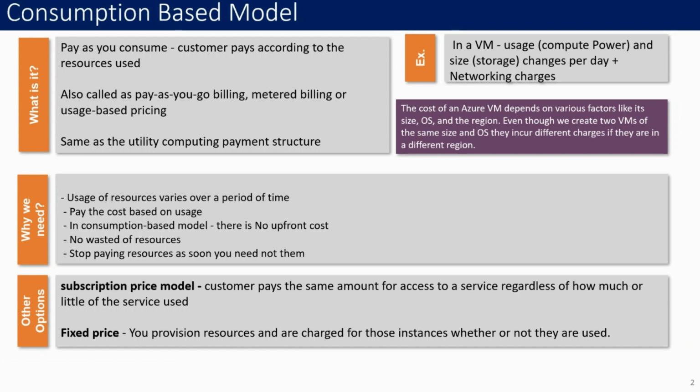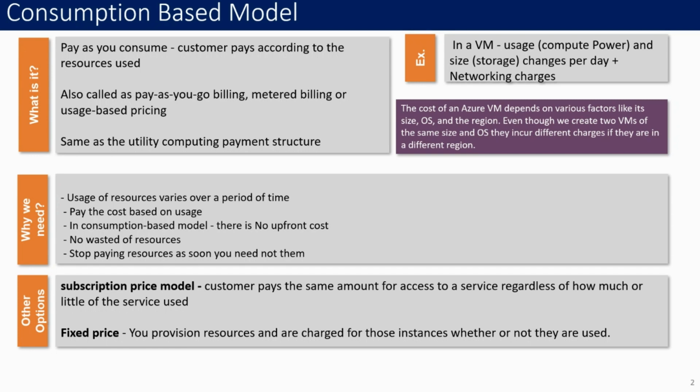Let's see some more examples. For example, municipal utility companies such as water and electricity services charge customers a fee based upon the amount of service the customer used. Similarly, in cloud we use a consumption based model in platform as a service as well as infrastructure as a service models.